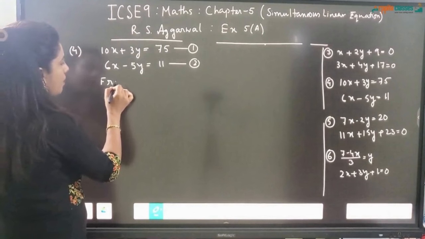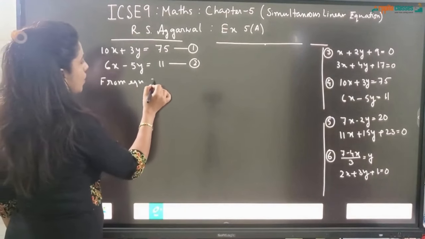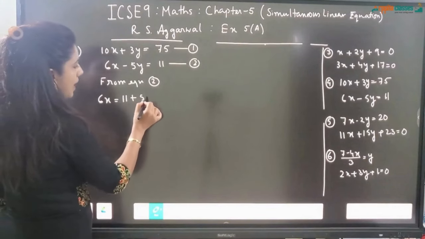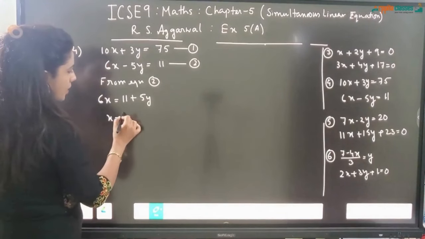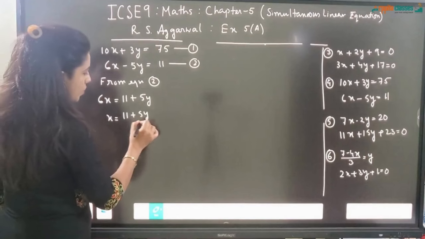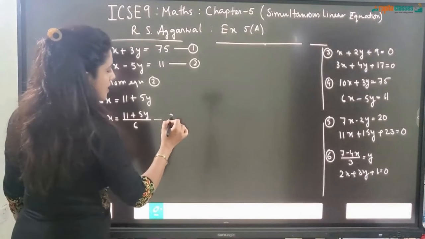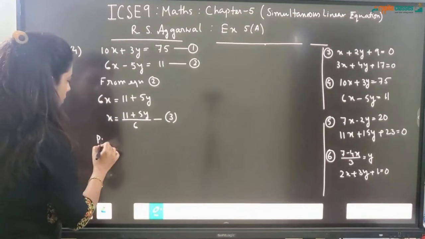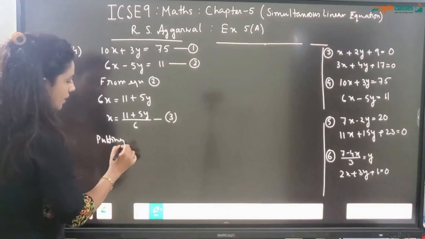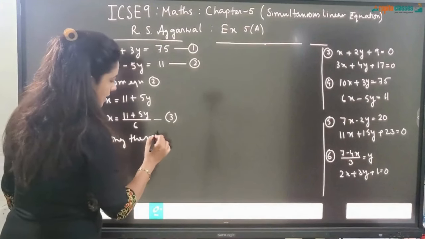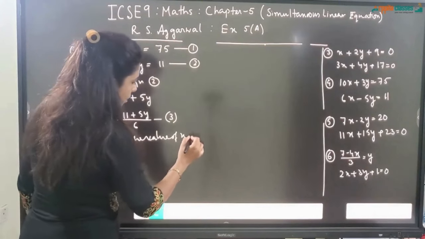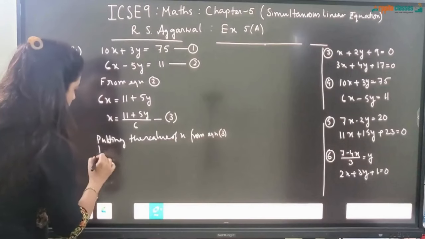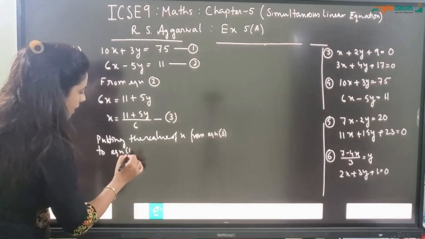So I'll write from equation 2, 6x is equal to 11 plus 5y, or x is equal to 11 plus 5y, this whole divided by 6. This is equation 3. Now putting the value of x from equation 3 to equation 1.